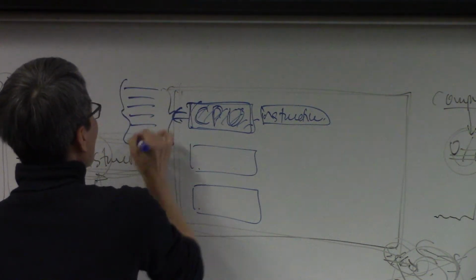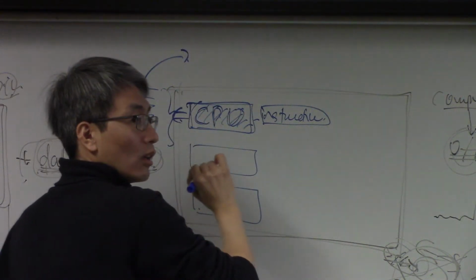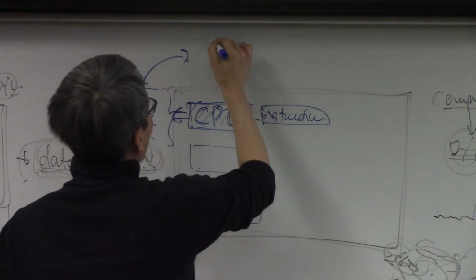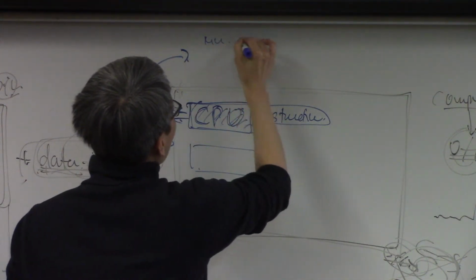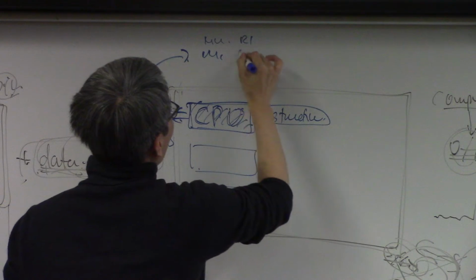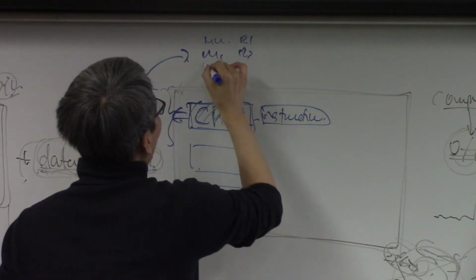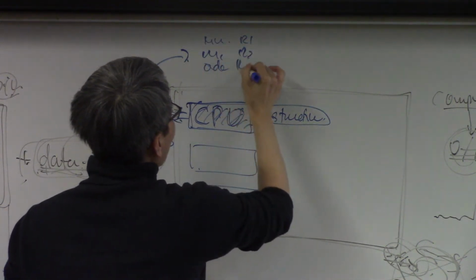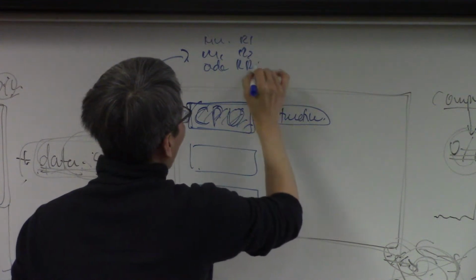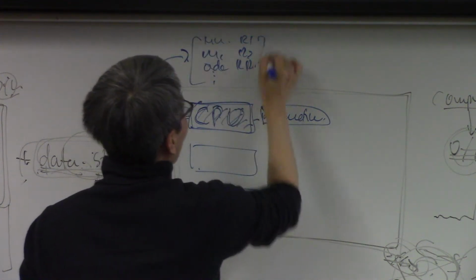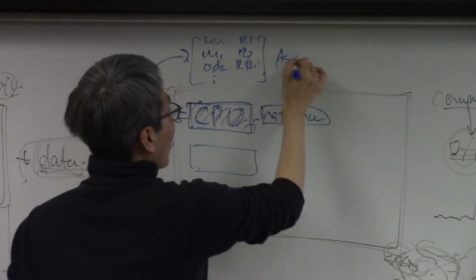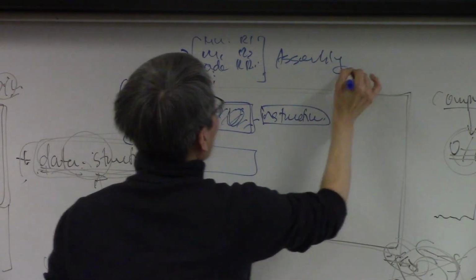Using these instructions, you can write a program: move a value to register 1, move a value to register 2, add register 1 and register 2 and save to register 2, and so on. So you can do programming. This is called assembly programming.